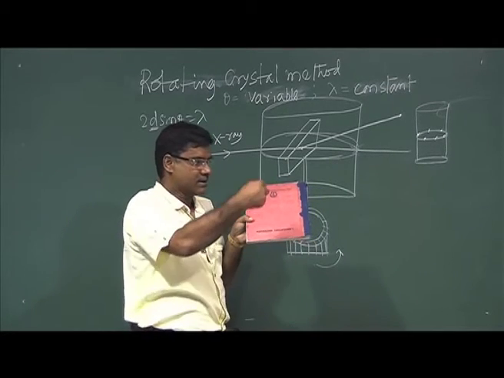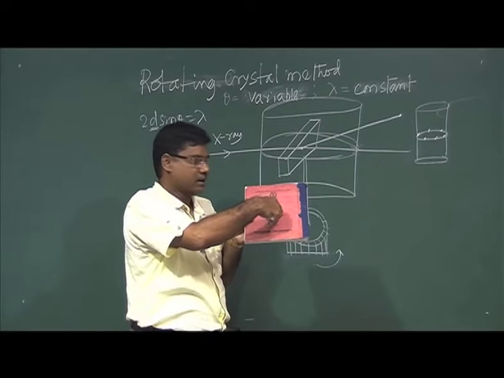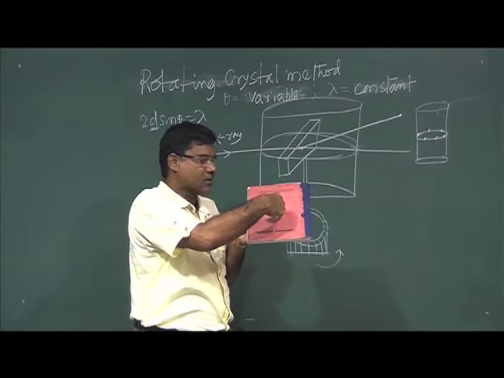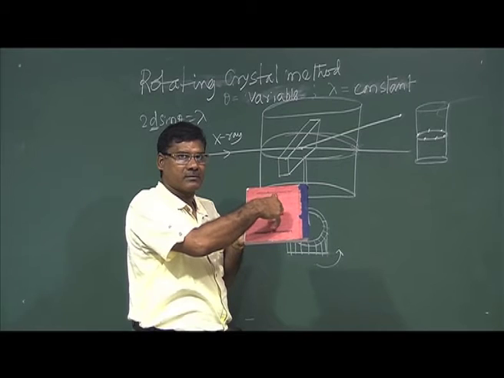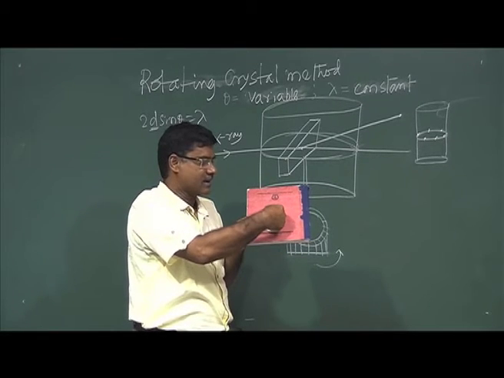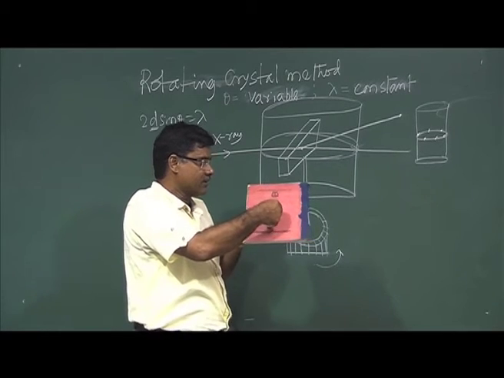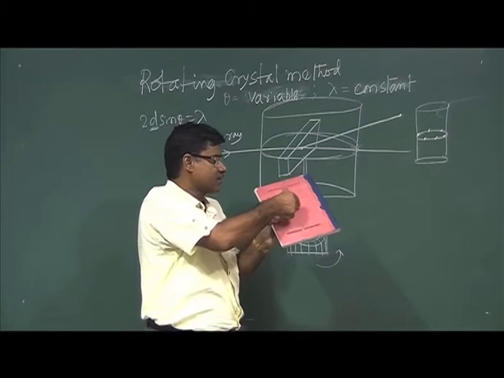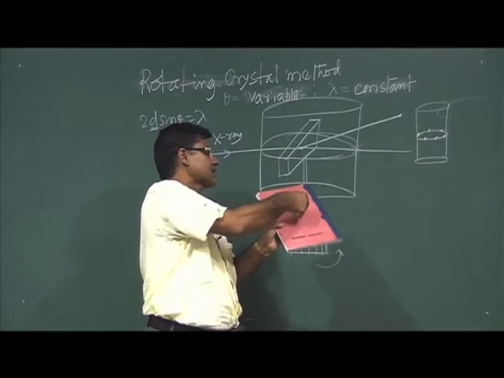Okay. Now, it is not normal. Okay. So X-ray is not normal to this axis. Okay. It has some angle. So the reflected beam whatever you will get, it will be with some angle, right. So it is up.